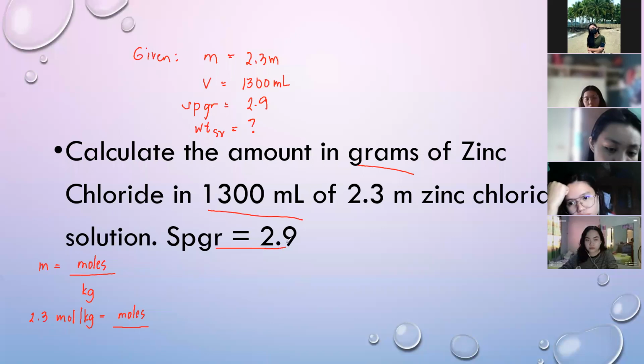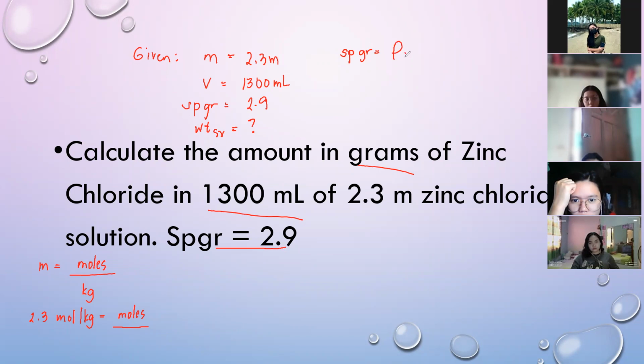So, dyan papasok si specific gravity class. Remember, in computing for the specific gravity, this is the density of the substance divided by density of the reference standard, and mostly this is water. This is how we compute for the specific gravity.